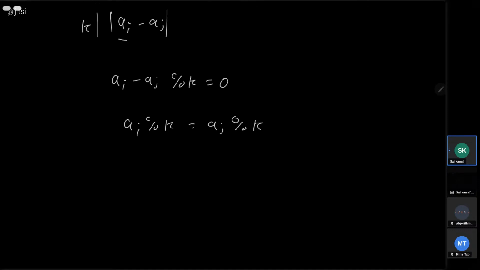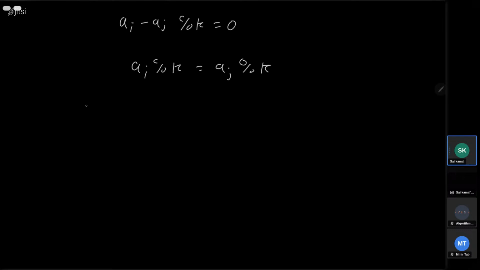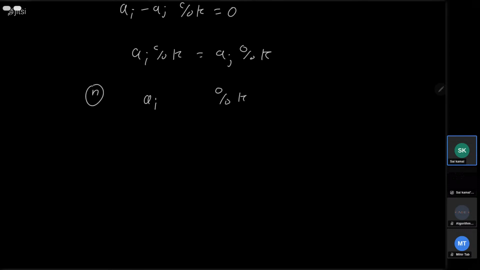So if in the list you can find an index i such that there is no other element having the same modulo with respect to k, then we are done with the problem. For the given list of n elements, we can go to each i and count, for each modulo k, how many elements exist.